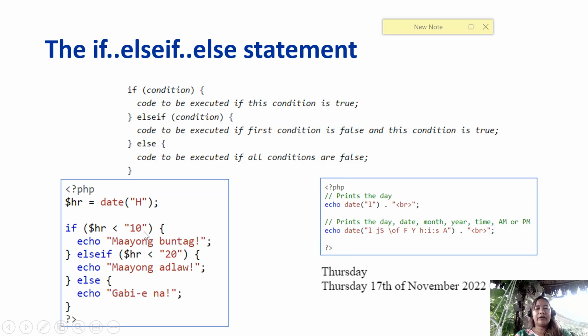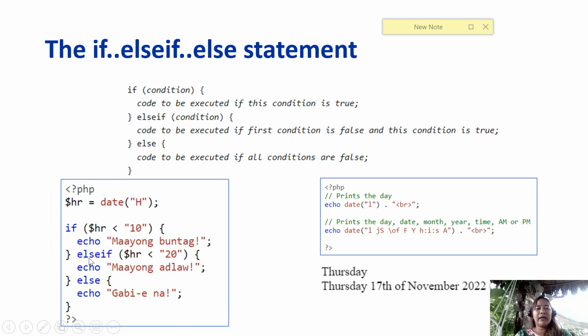Now in this case, it's only less than. So that means if the value of hour is less than 10, so for example 0 or 1, 2, 3, 4, 5, 6, 7, 8, 9, then that will make this condition true. Now if the value of hour or HR is going to be 10, that will make this condition false.